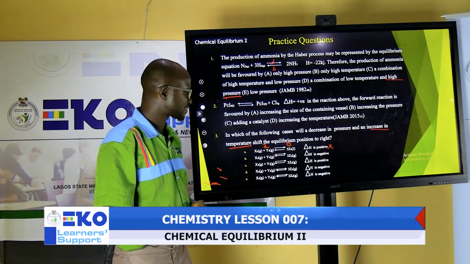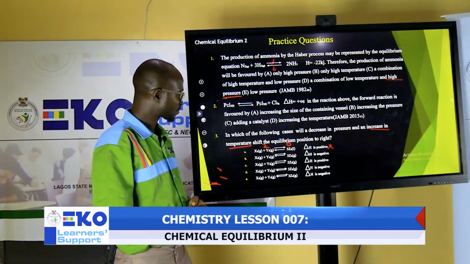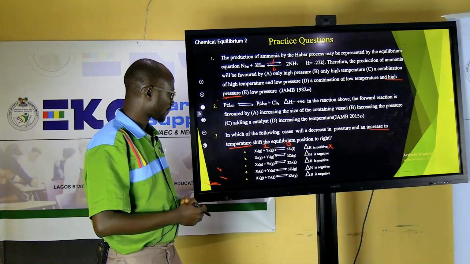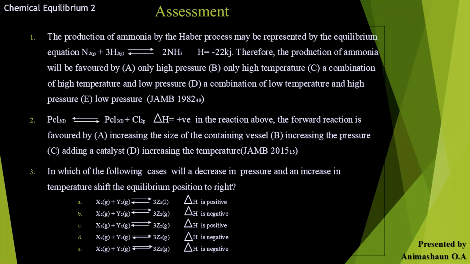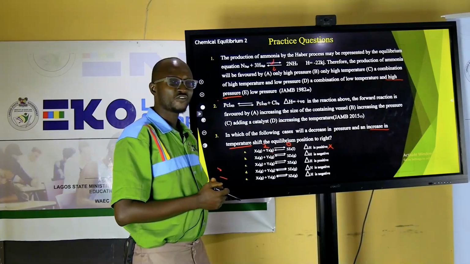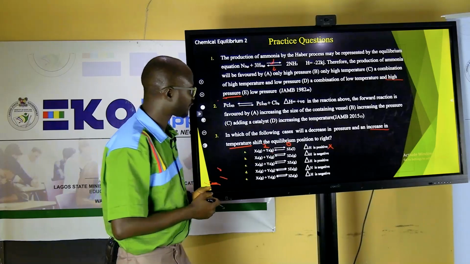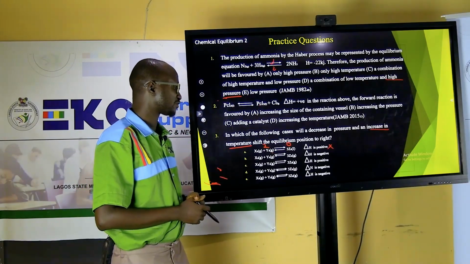I heard somebody say B. Is it B? Let us go through it. B is an exothermic reaction. And if you remember, for an exothermic reaction, the forward reaction can only be favored by a decrease in temperature.